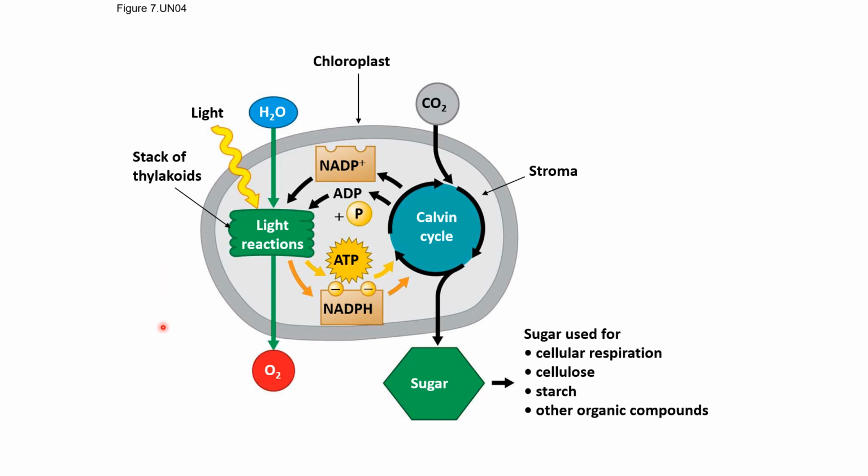Light reaction is also going to release oxygen, and it's going to be released through the stomata. Calvin cycle takes the ATP, takes those electrons, and it's going to take also carbon dioxide from the air, and it's going to make the sugar.